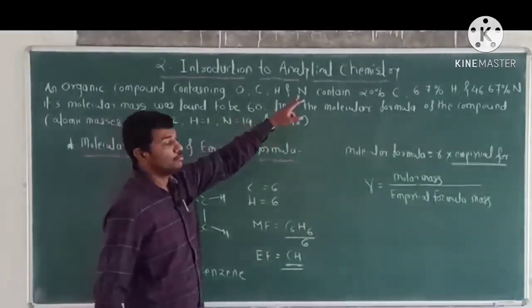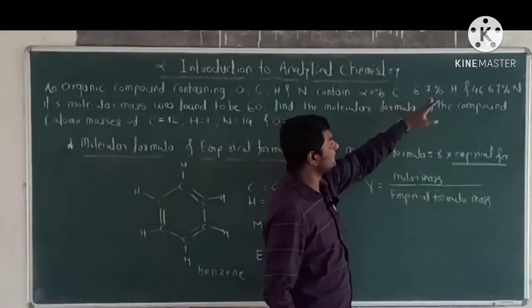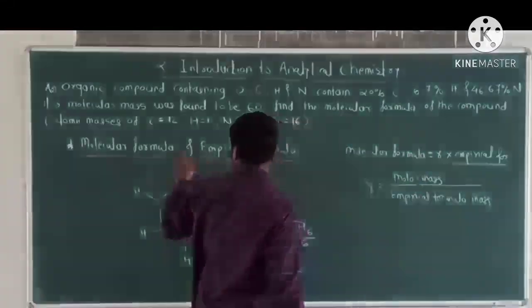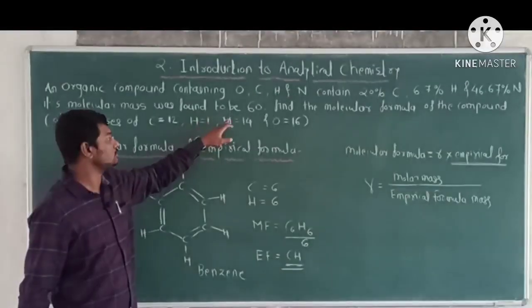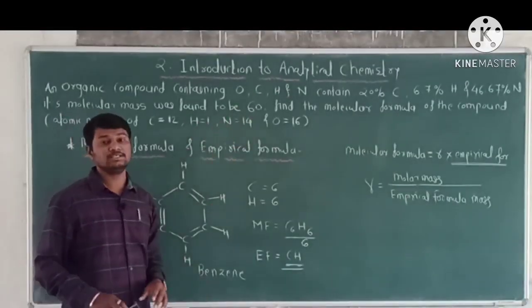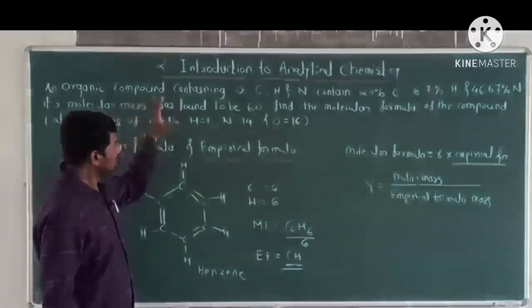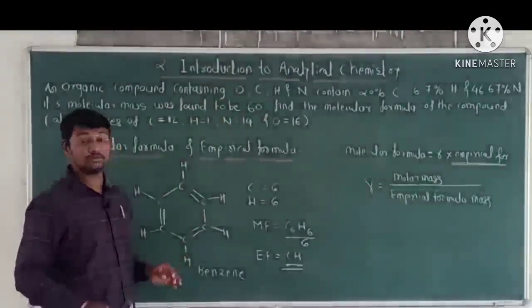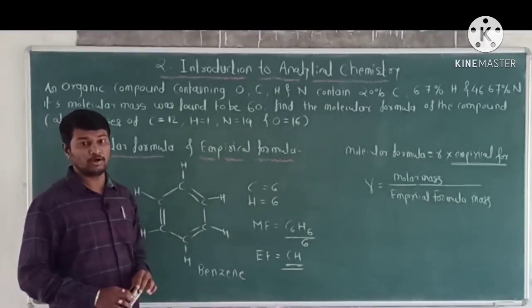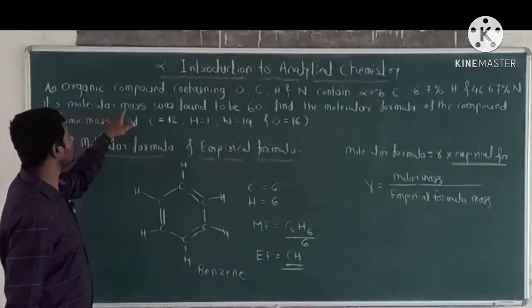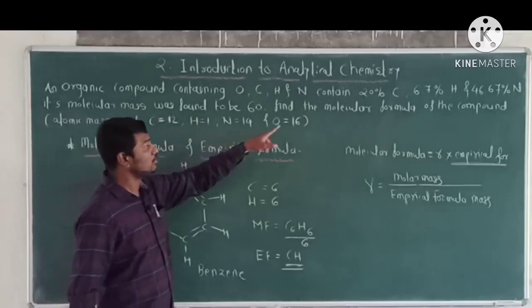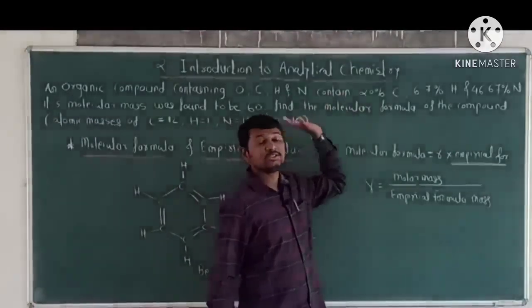Find out the molecular formula of the compound, if the atomic masses are carbon 12, hydrogen 1, nitrogen 14 and oxygen 16. In this numerical, first find the empirical formula, and then from the empirical formula and the molar mass find the molecular formula.